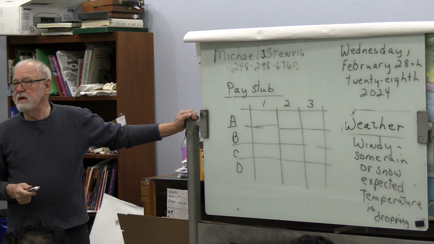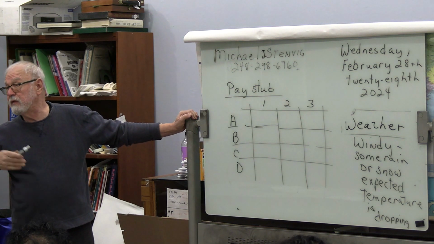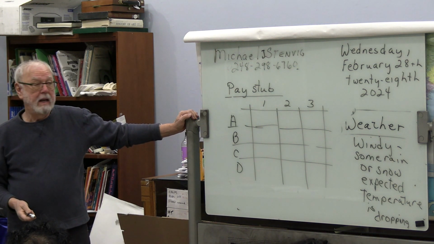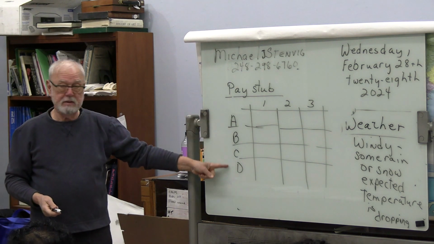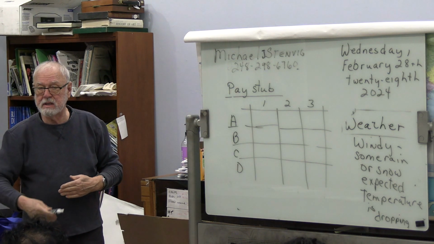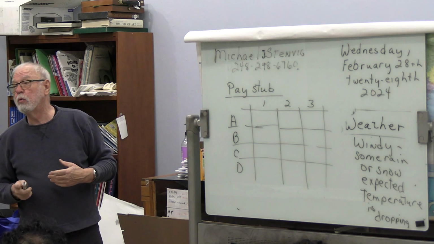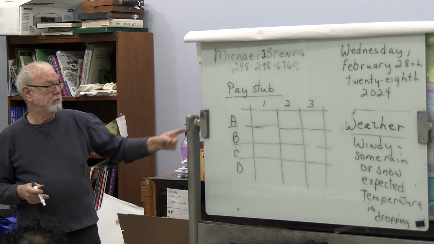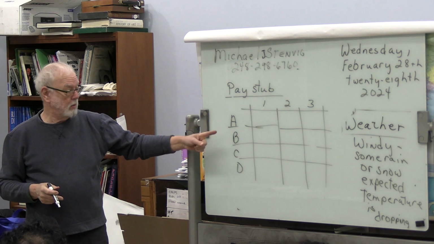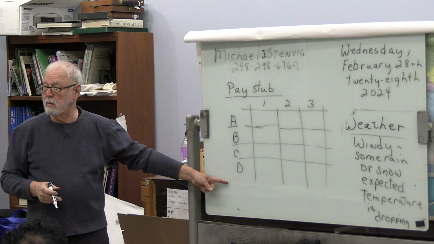Okay. This is a chart, an information chart, and what do we call these? Rows. First row, second row, third row, fourth row.